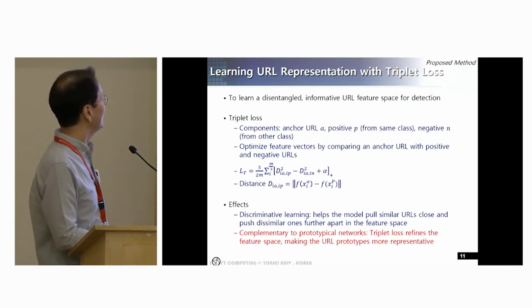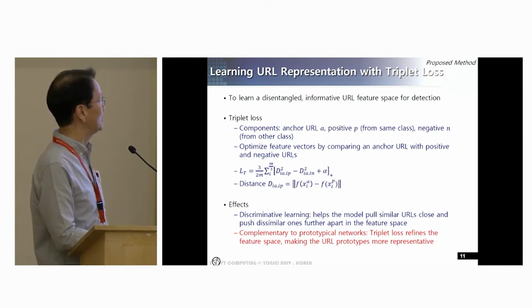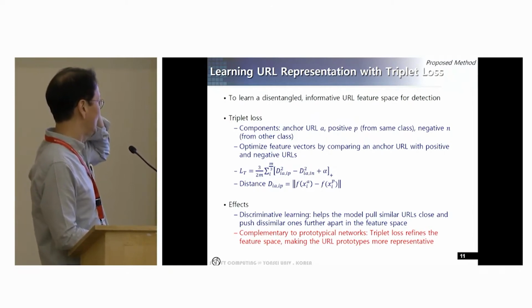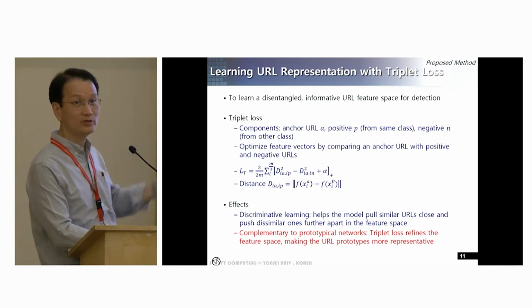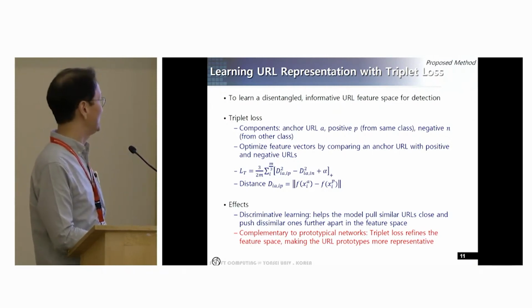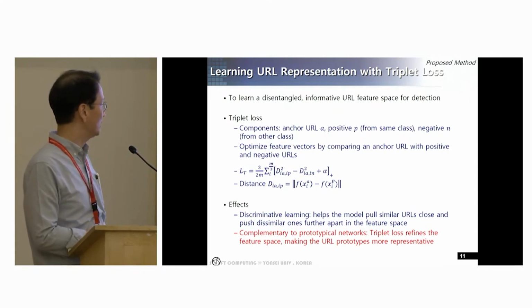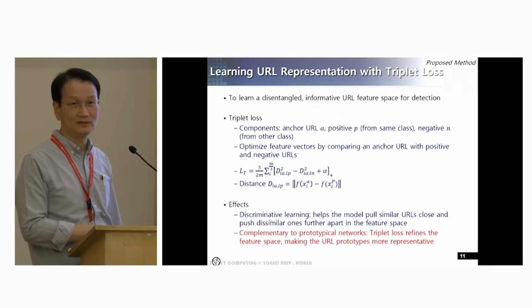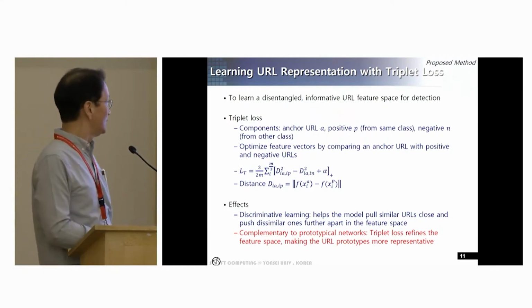Finally, we want to optimize the feature vectors by comparing an anchor URL with positive URL and negative URL with these equations. As a result, we get discriminative learning, which helps the model pull similar URLs close and push dissimilar ones further apart in the feature space. That is our goal.